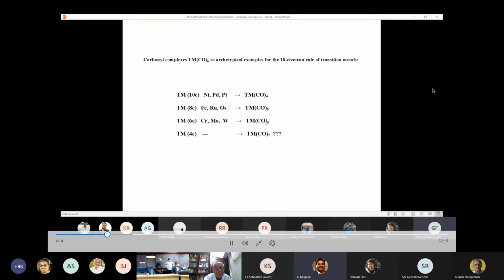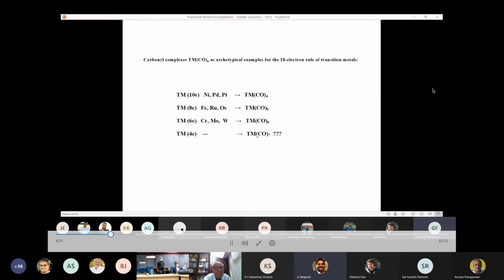And indeed, the most stable one and the coordinatively saturated one are the hexacarbonyls. So there's the next one, which have 4 electrons: titanium, zirconium, and hafnium. They should be the heptacarbonyls.